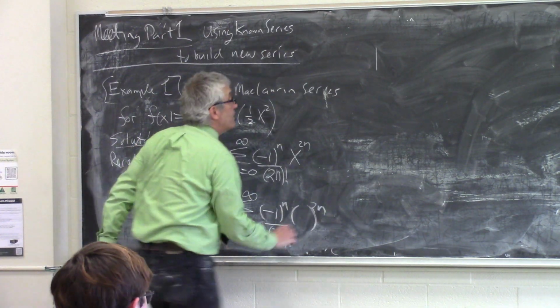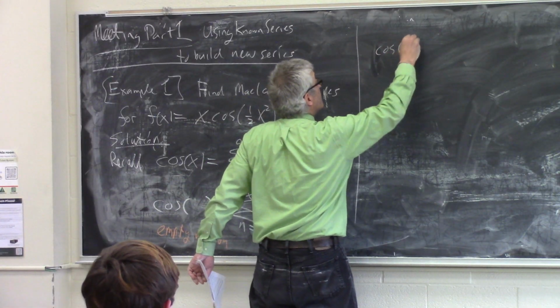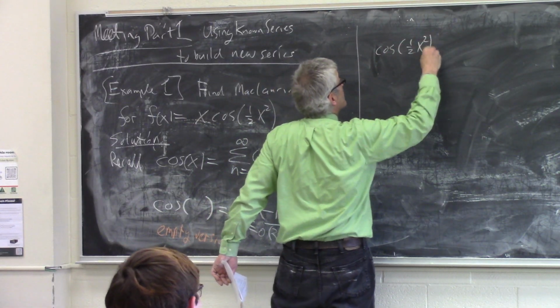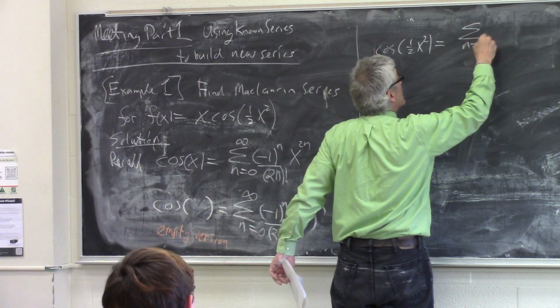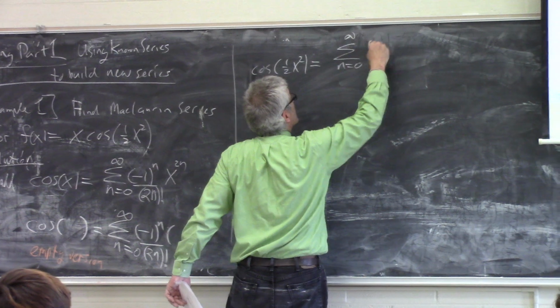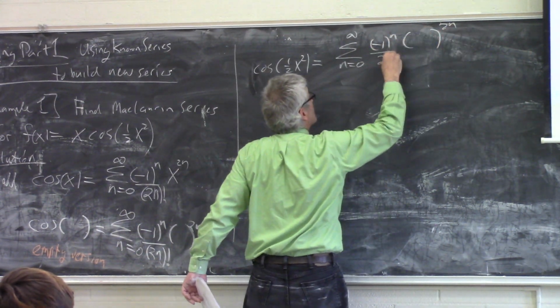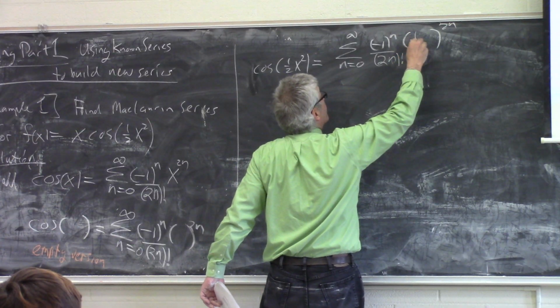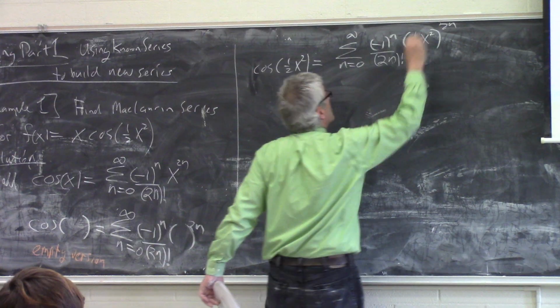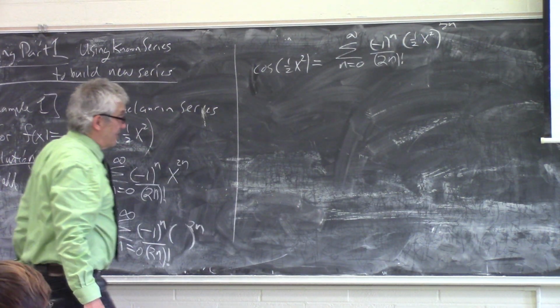So then we can use that to build the series for cos of 1/2 x squared. So that's going to be, just take that empty series, minus 1 to the n, parentheses to the 2n over 2n quantity factorial, and just populate it with 1/2 x squared. Now let's simplify that.